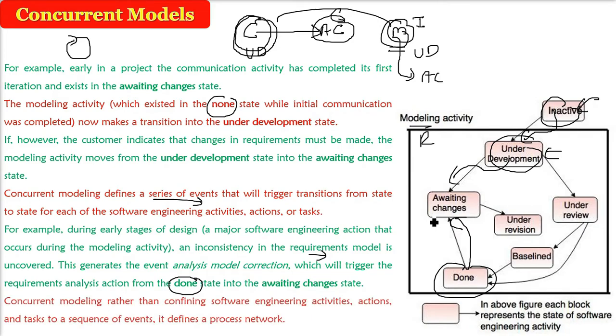So what I am trying to suggest here is that every phase is concurrent and will be in a certain state, and a certain event will trigger all of them and change the state according to the activity upcoming during the course of software development. And this is the figure I am talking about, the modeling activity. It can be for any of the activities.